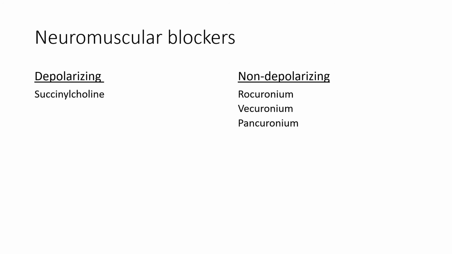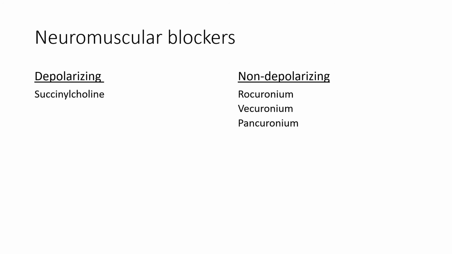There's now actually a reversal agent that's come out that's used that actually binds these drugs and gets rid of them out of the neuromuscular junction, and it's called Sugamadex. Okay. So you might come across this drug, or you may be asked, do these have a reversal agent?